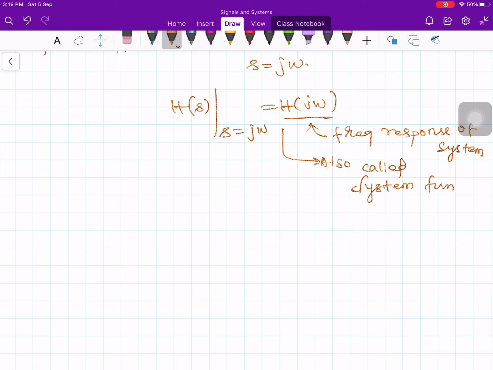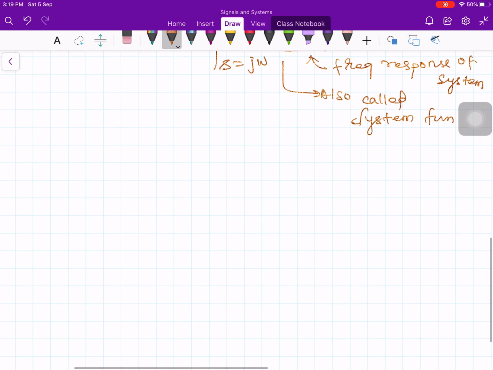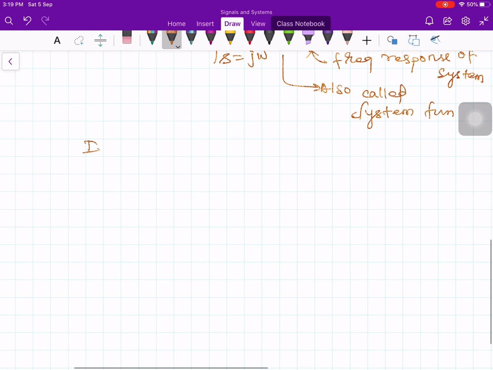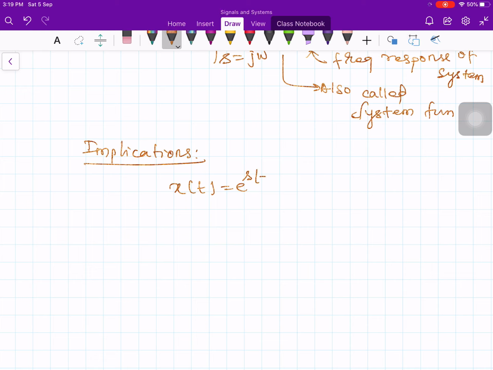Now let us see the implication. Suppose the input is, like we said, x of t is equal to e to the st. Now you substitute s is equal to j omega. That means e to the j omega t.